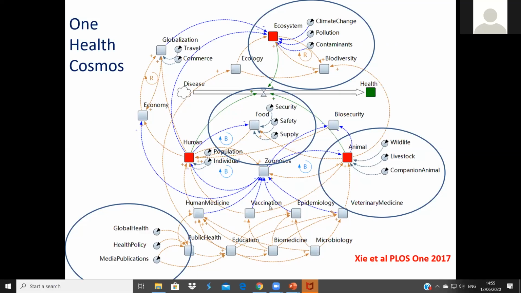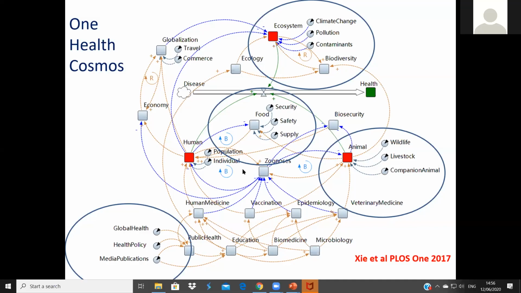It shows that there is health and there is disease, and there is a fine balance between health and disease. This balance is maintained by animals, food, our ecosystem, global health and health policy, international health regulation, media and all these things.